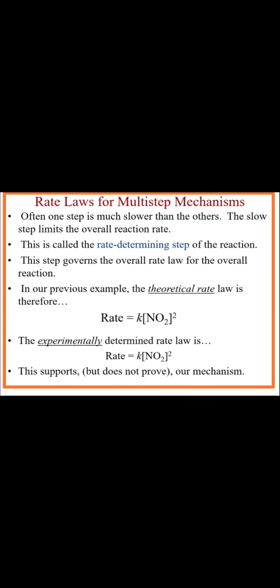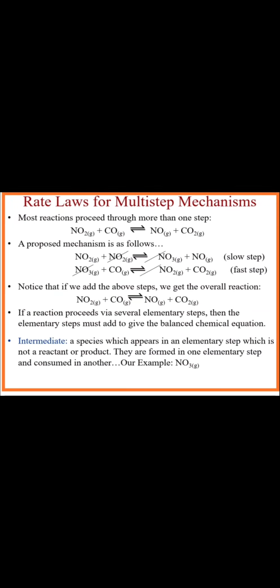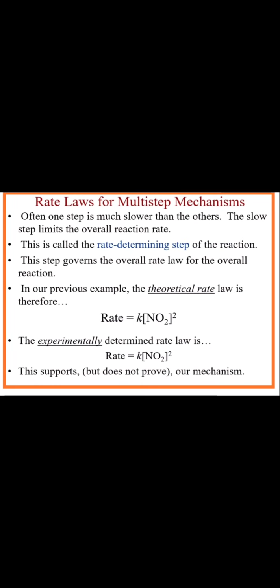Keep in mind the difference between intermediate and catalyst. Now let us see the reaction again. In the first step, which is the slow step, only nitrogen dioxide is present as a reactant, so the rate of the reaction depends on nitrogen dioxide. So the kinetics of the reaction, that is the rate law, is equal to K into concentration of NO2 raised to 2.